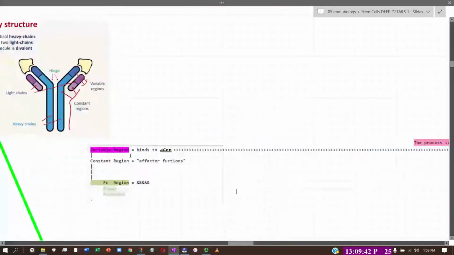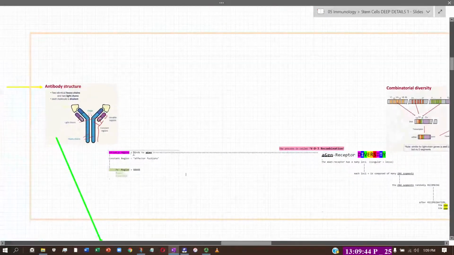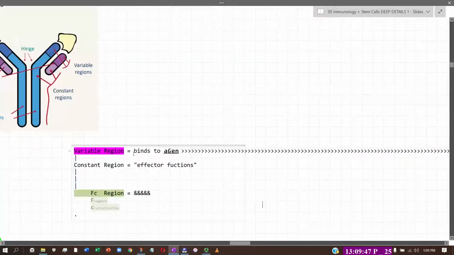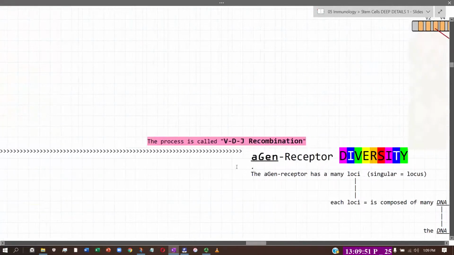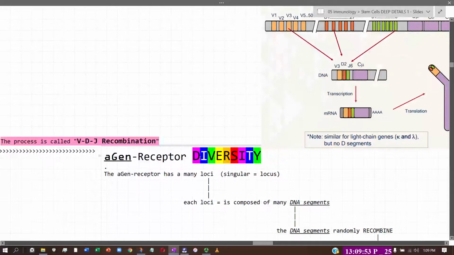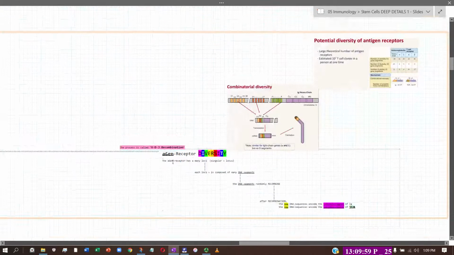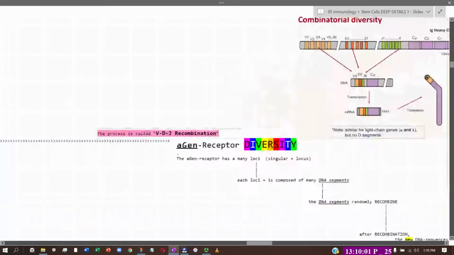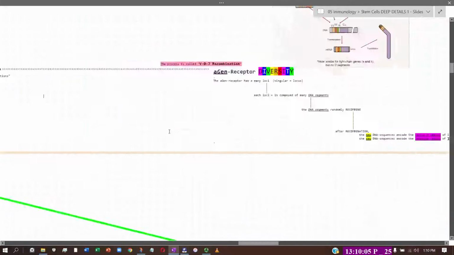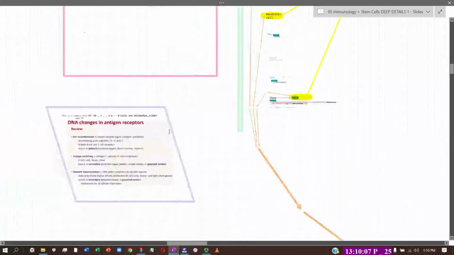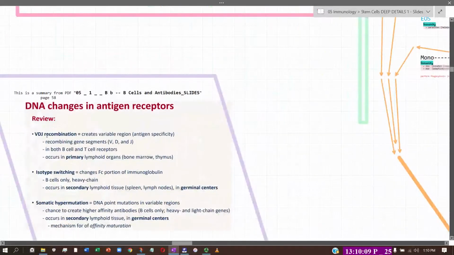So focusing on the variable region, this is the part that binds to the antigen. So a lot of diversity is essential there. So how does this diversity get generated? It happens through a process called VDJ recombination, and this brings us back to this summary table over here, VDJ recombination.